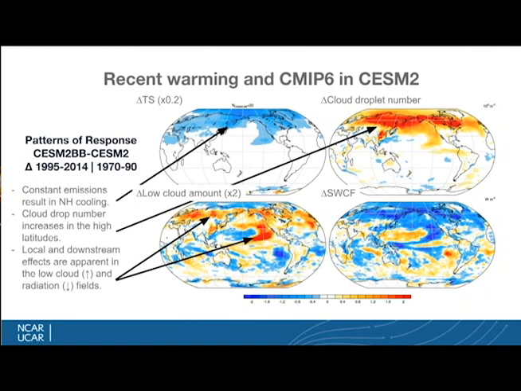And this is very much a cloud aerosol interaction. So cloud droplet and shortwave, the cloud droplet is strongly increasing. So what we were seeing before was basically a very strong reduction of the cloud droplet number, and that would impact the low cloud amount. And this is the response, including some larger scale response, maybe having some PDO pattern attached to it.